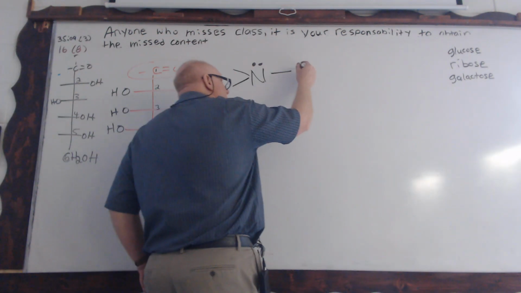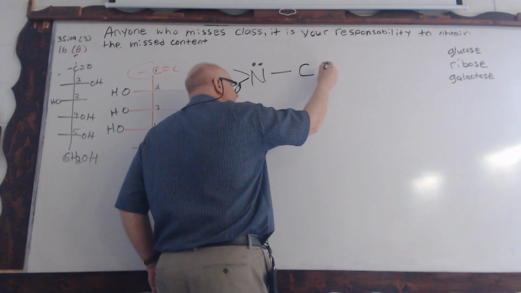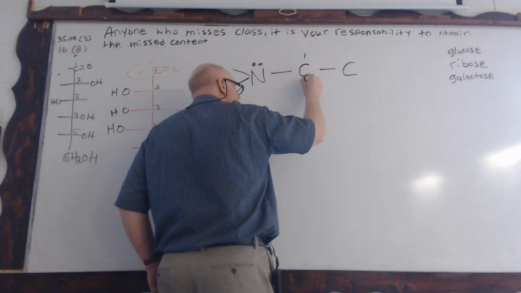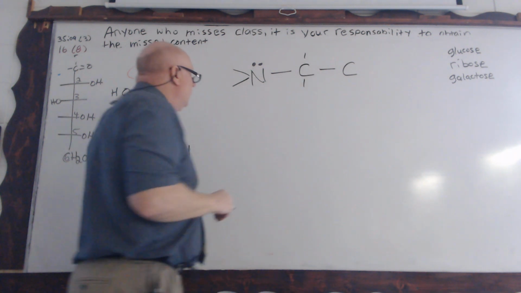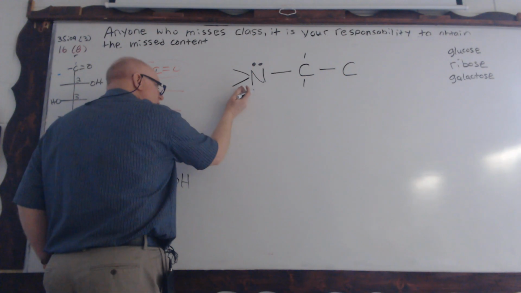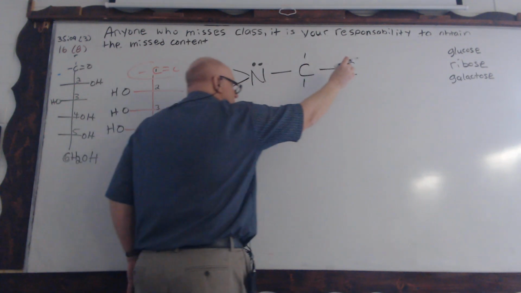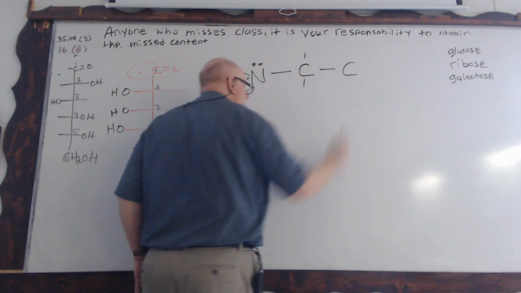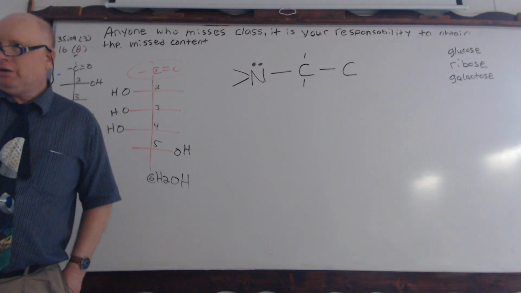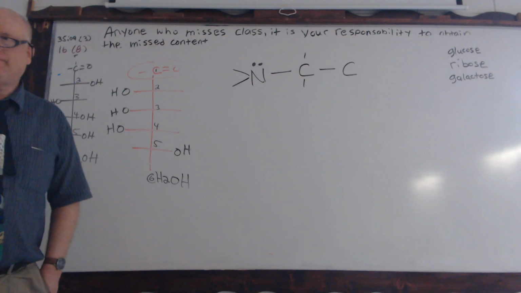Okay? Then we have a carbon and then another carbon. So we're just going to put a couple hydrogens on here. Okay? So we have our amine side for an amino acid. How do we illustrate that this is an acid? How do we know what organic family we're looking at if it's an acid?